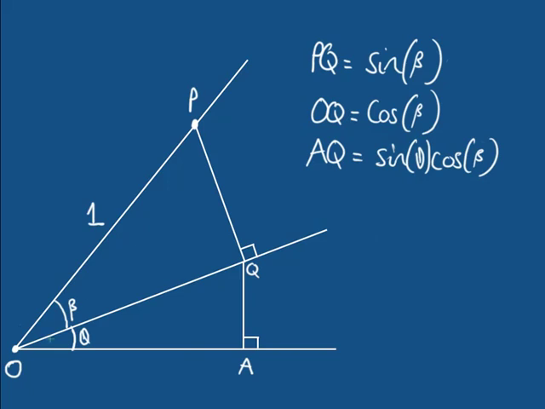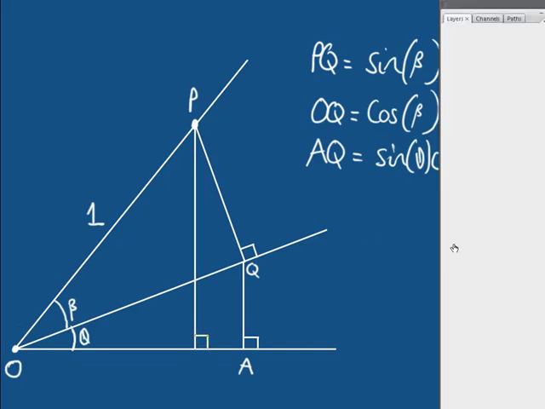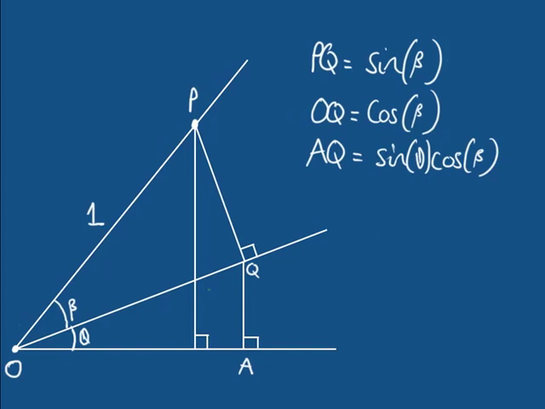So what I can do, I know this is a perfectly horizontal edge, so if I was to construct a perfectly vertical edge that drops down to it from point P, we know that it meets at a right angle, and we'll notice, as I bring a layer that I can draw on, I am going to name this new point as B. You'll notice here in this right angled triangle, we have the hypotenuse as a length of 1, and the opposite edge is this edge BP, or PB.